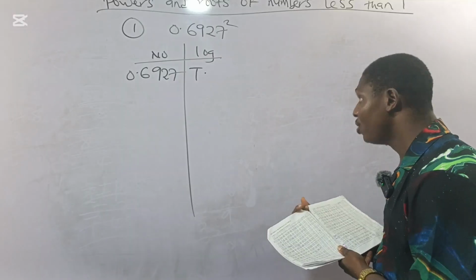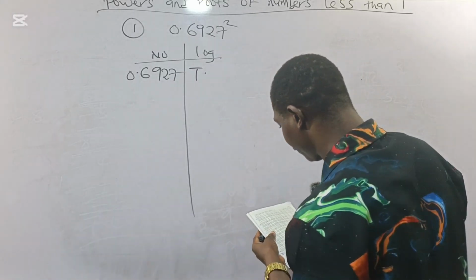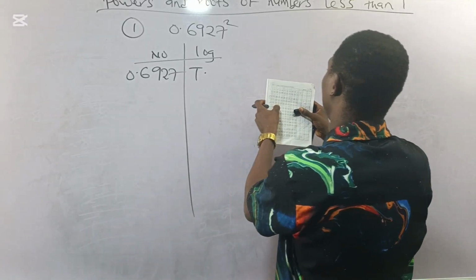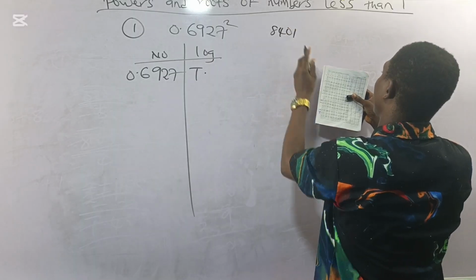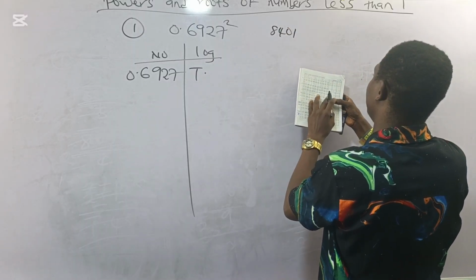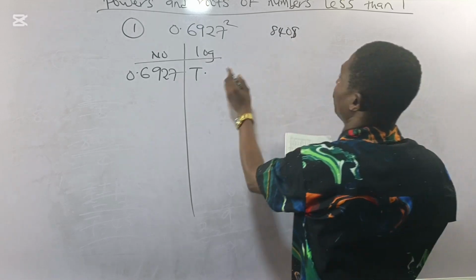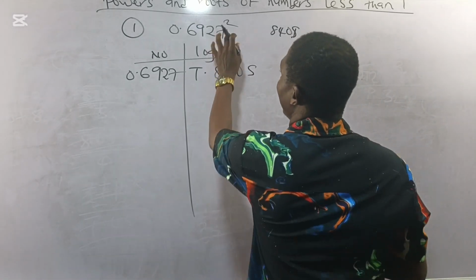Please take notes. 69 under 2 here is 8401. And difference 7 here is 4. So here becomes 5 if I add up. So I have 8405.